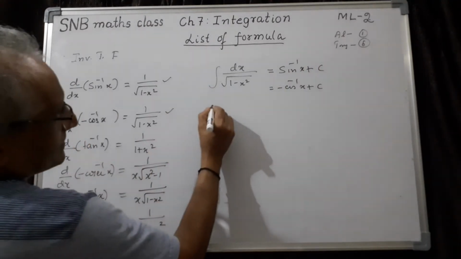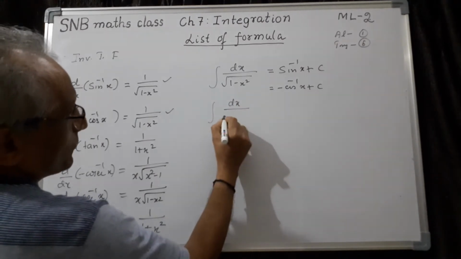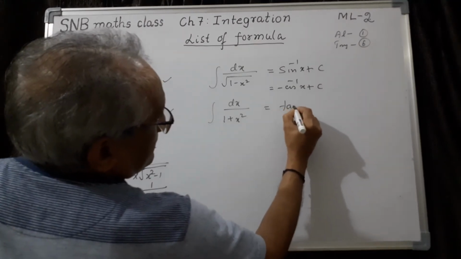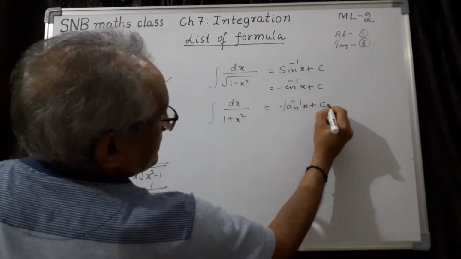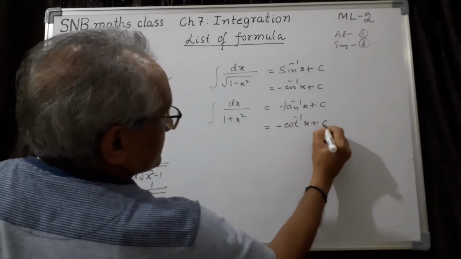Similarly, you see here, integration of dx by 1 plus x square, either you can write it as tan inverse x plus c, or it is minus cot inverse x plus c.